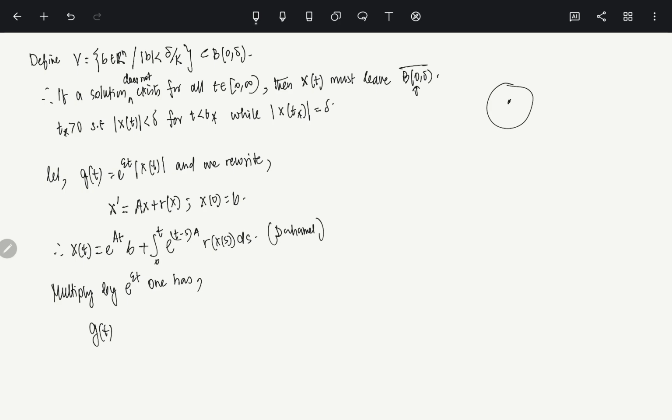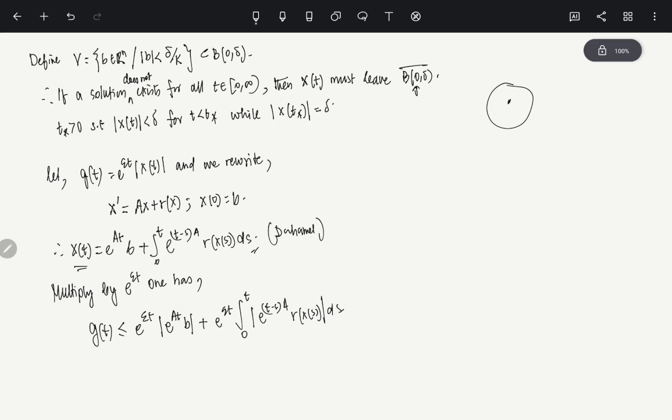You see, multiply and take the modulus, then take the norm exactly: g of t is e power epsilon t times the norm of e power At b, plus e power epsilon t times the integral from 0 to t of the norm of e power A(t minus s) r of x of s ds. That's what we are going to get, right? I am just multiplying by e power epsilon t and taking the modulus, or the norm, that is.